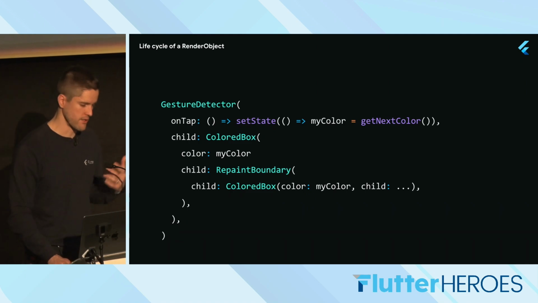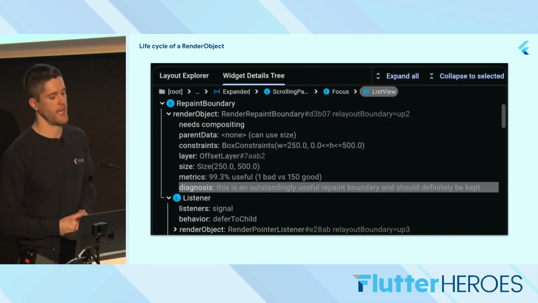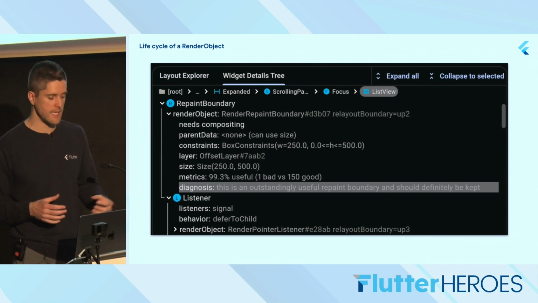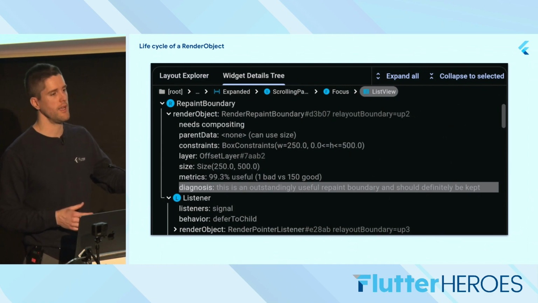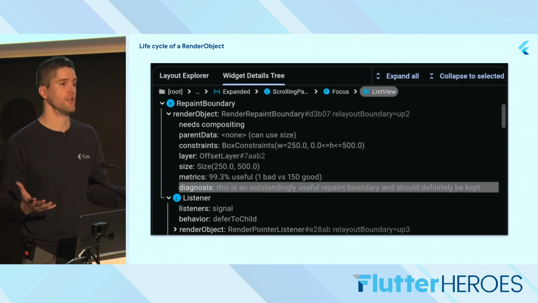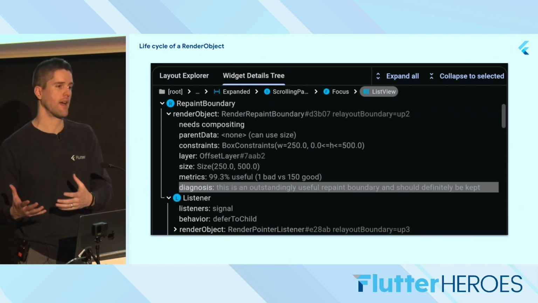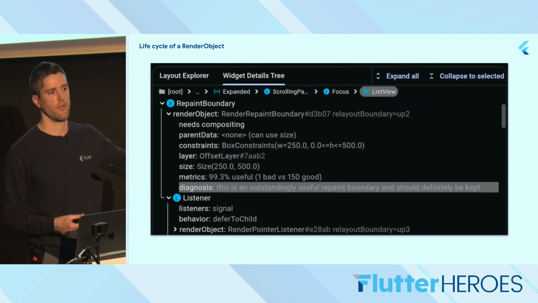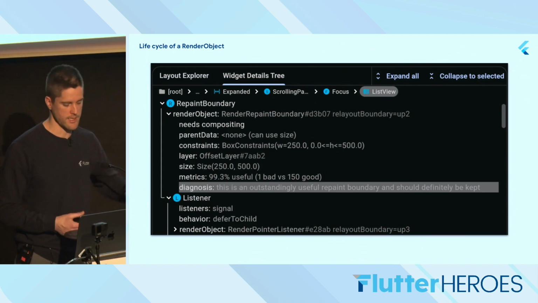But the better answer is that DevTools is here to try and help. So if you navigate to a specific repaint boundary in DevTools, you'll see this diagnosis property that has, in plain language, how the framework thinks that render object is performing. And right above it is the metrics property that is the raw data behind the sentence.